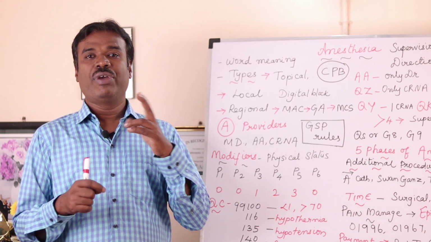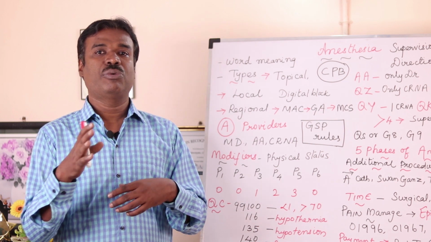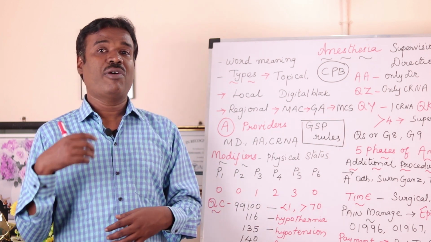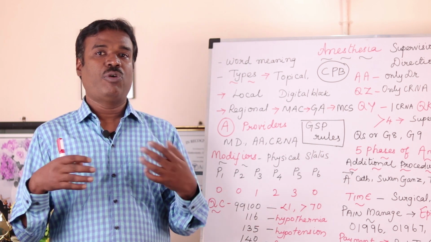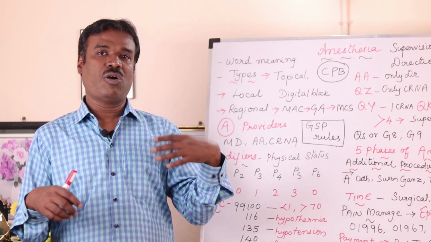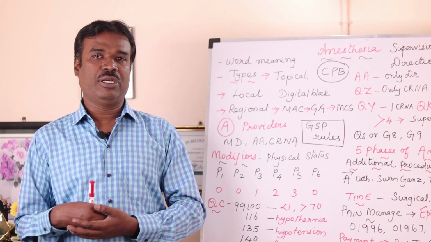Another thing is, we need to know two things. One is, what exactly is the route of anesthesia? Because whenever we say route of anesthesia, what we are thinking is, what is the type of anesthesia? Is it general, MAC, spinal, epidural, or regional?